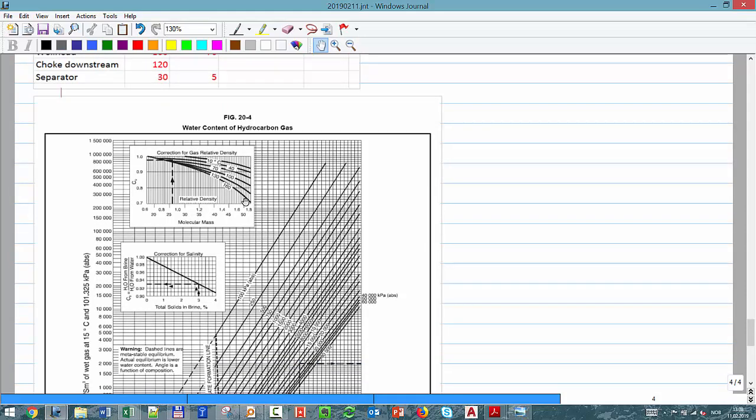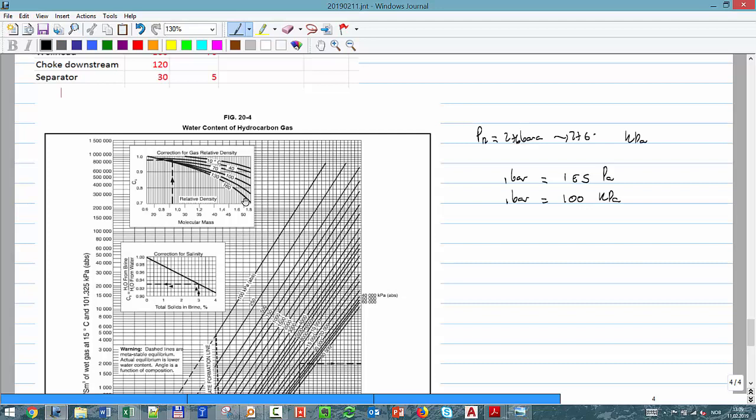If the reservoir pressure is 276 bar, how do I change it to kilopascal? 1 bar was 1e5 pascals, right? Therefore, 1 bar is 100 kilopascals. Make sense? Okay. So I get 27,612.